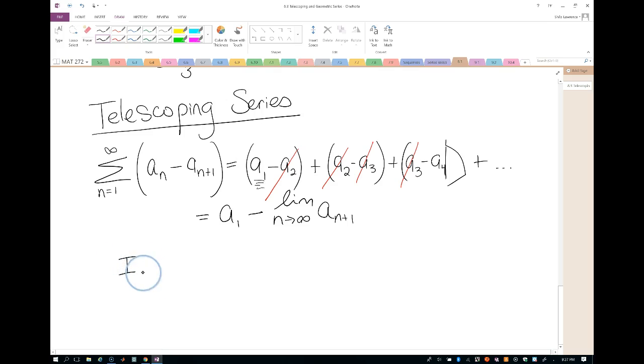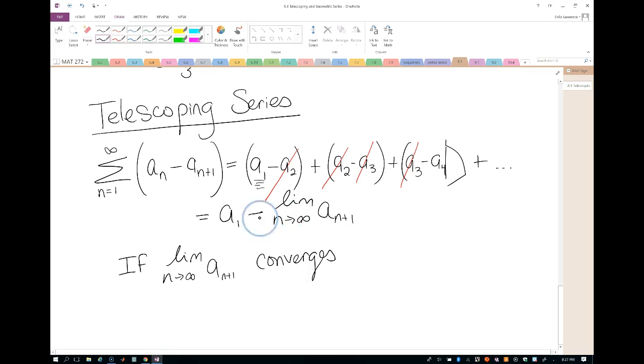So to tell if these things converge, a sub 1 is going to be a definite number. The only thing in question is whether this limit will be a definite number. So if the limit as n approaches infinity for a sub n plus 1 converges, that means we're able to find a finite number answer for that limit.